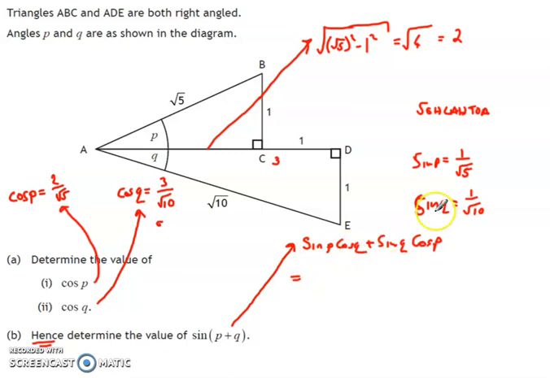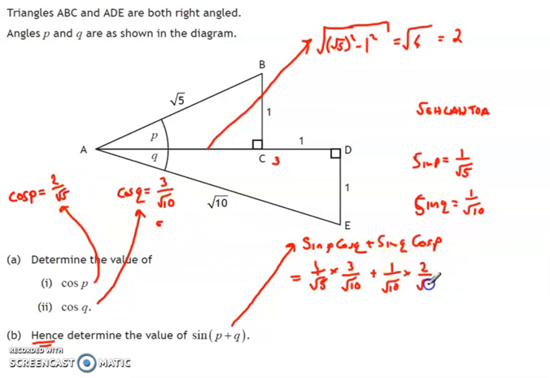So sine p cos q, so sine p is 1 over root 5. Cos q is this, 3 over root 10, so that's times 3 over root 10 there, plus sine q, which is 1 over root 10, times cos p, which is 2 over root 5.